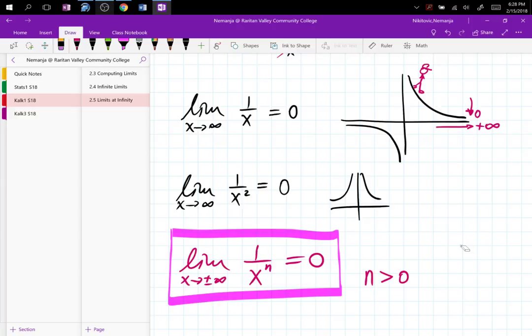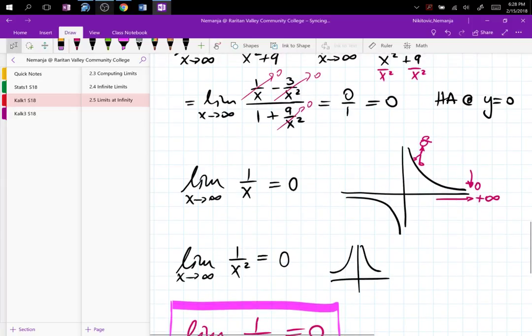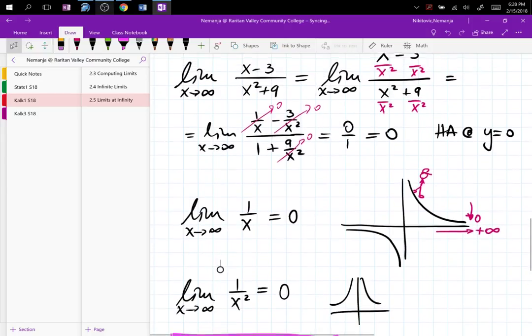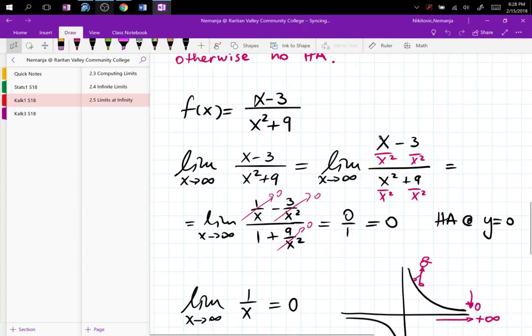So all this talk about division hopefully put a lot of concepts together for you to see. Now, going back to the example I did, when you are dividing polynomials in the limit that goes to infinity, which is the horizontal asymptote definition, you will divide by the highest exponent everywhere.